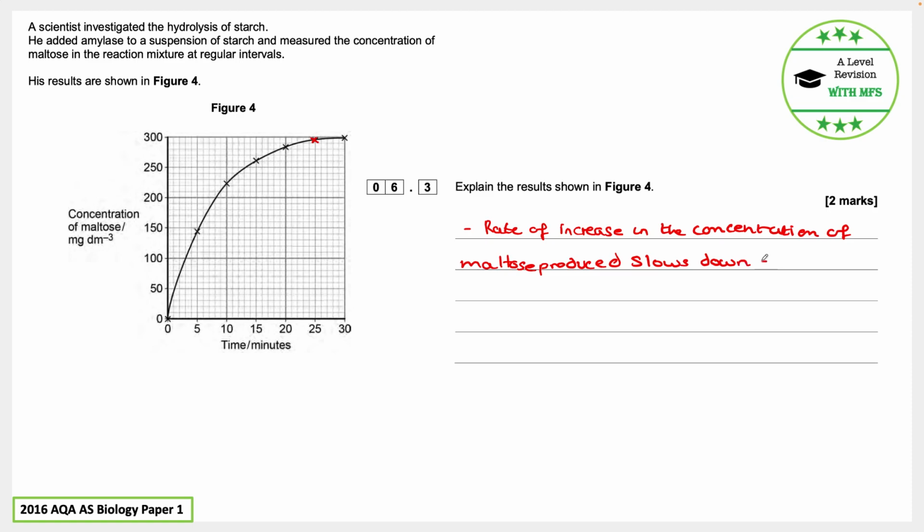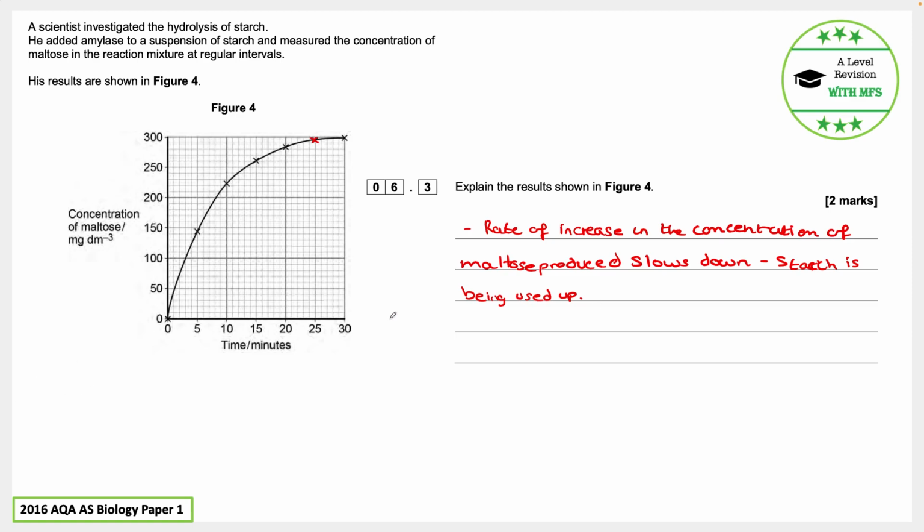And why is this? Because the starch is being used up.